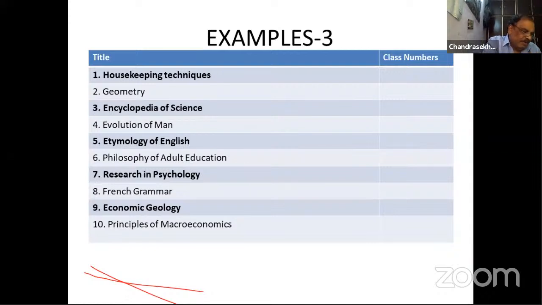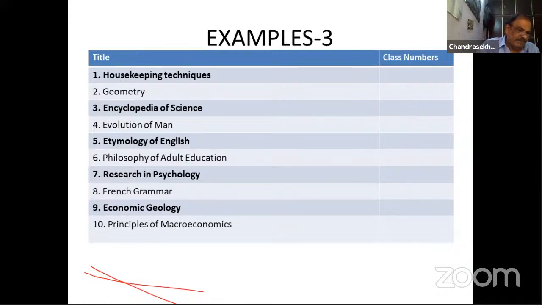But what Melvil Dewey has done, you have to see the instructions under 500. Here, 503 to 506 are standard subdivisions.